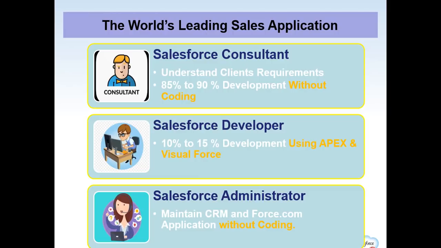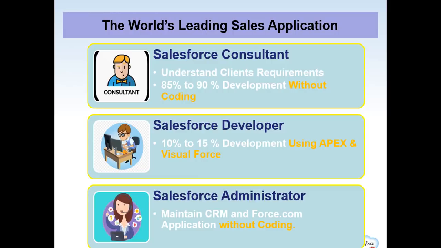So once this 80% development is done, for the balance 20% where coding is required, the Salesforce developer is going to do that coding, and for that they are going to use Apex and Visual Force programming languages. So Salesforce consultant and Salesforce developer together are going to develop the entire project.